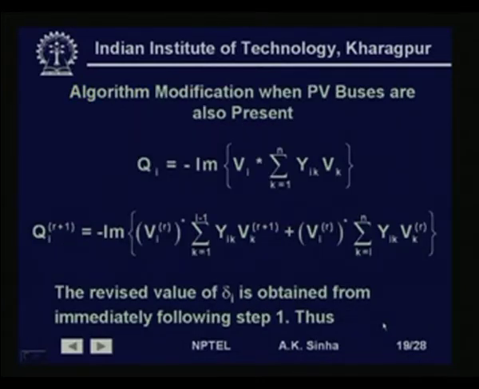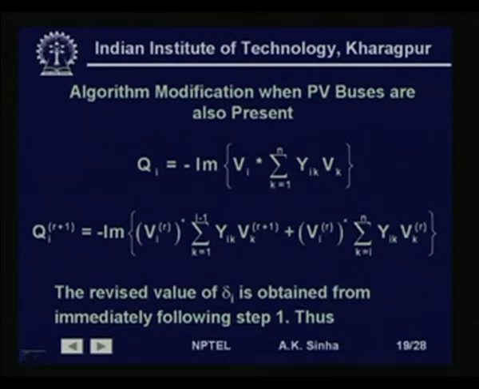Now, till now we have assumed that there are no PV buses in the system, but as we know, the voltage magnitude at the generator buses, or buses where reactive power sources are available, can be maintained at a pre-specified value. So, we have voltage magnitude specified at these PV buses. In that case, as we said earlier, we can work with voltage magnitude fixed at these values, and the only thing we need to do is compute the value of delta.